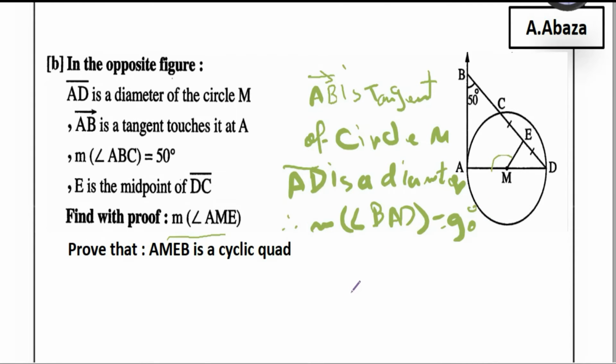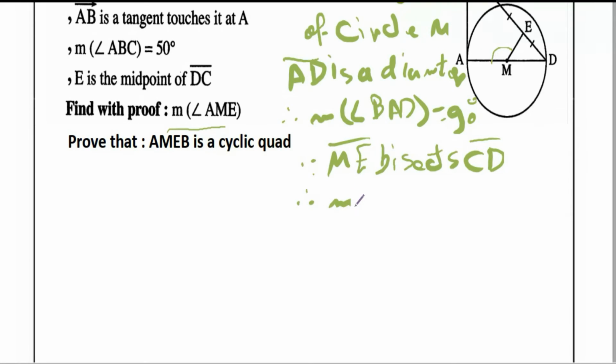Since ME is perpendicular to CD, this line segment ME is perpendicular to the chord CD, therefore measure of angle MEC equals 90.